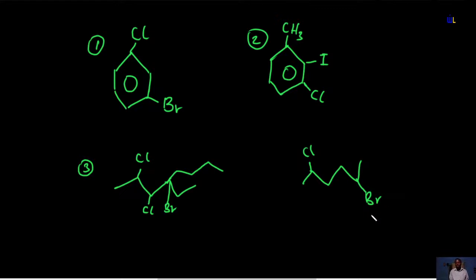Bromo starts from B, chloro starts from C, which means it's better to have 1 bromo and 5 chloro than 5 bromo and 1 chloro. It doesn't really make sense because of the alphabetical order. Once you notice that the only substituents are halogens, especially in an arene, you start numbering from the halogen of the lowest alphabet.